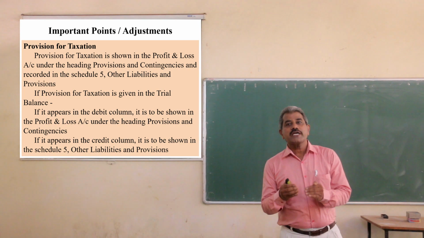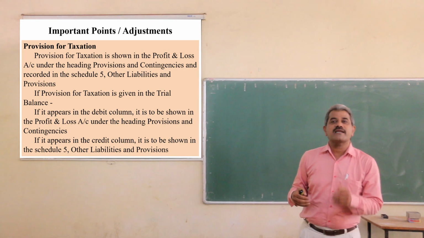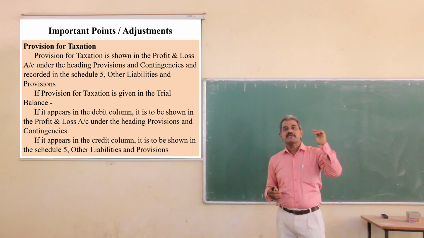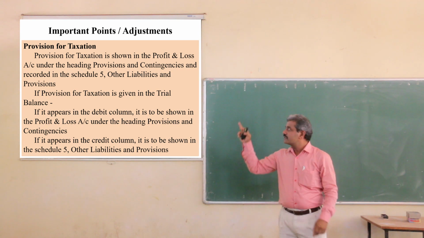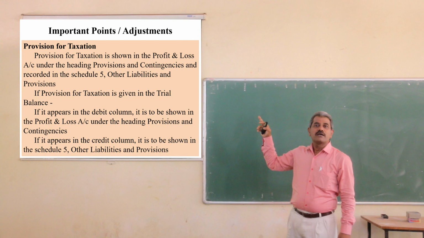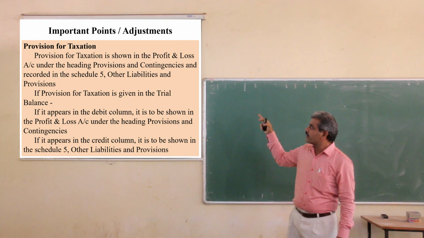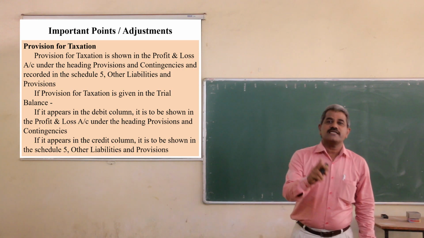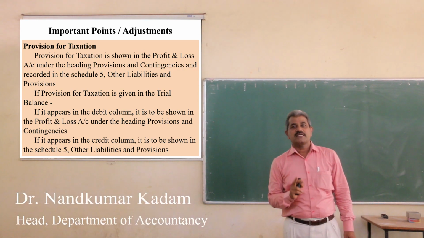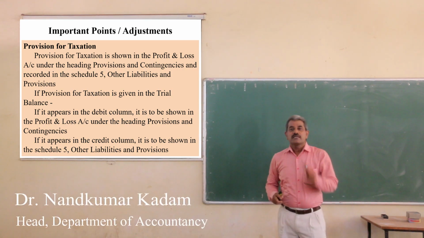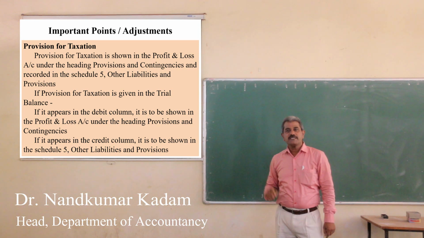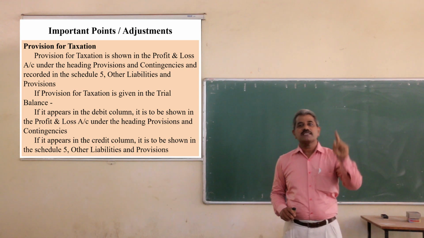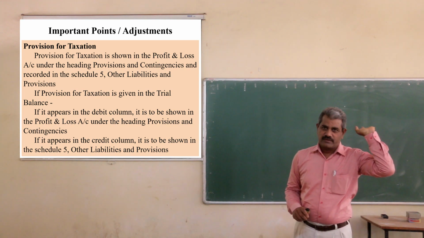It is also treated in the same manner as provision for doubtful debts. Okay? In the same manner, in the same line, like provision for doubtful debts. Provision for taxation. If a provision for taxation is given in the adjustment, two effects. For the first, it is shown under the heading provisions and contingencies in the profit and loss account.